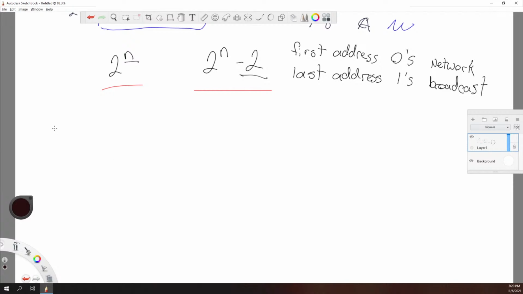So if we're dealing with a class C address as an example, I'm going to copy down again 192.168.1, and we'll pick a random host on that network, say 50. And we said that this was a /24.